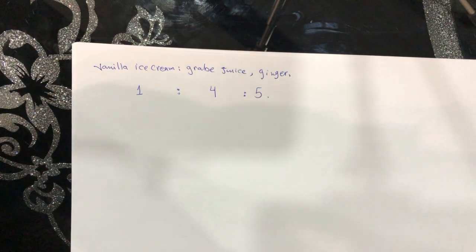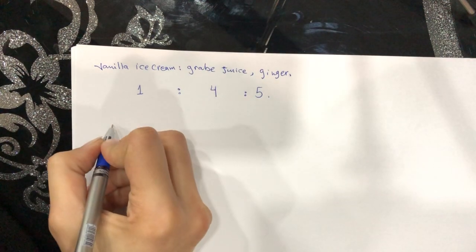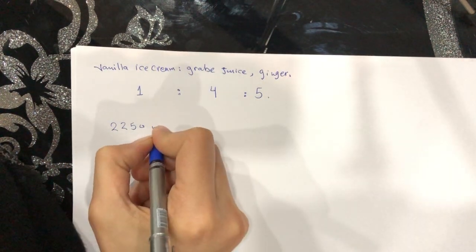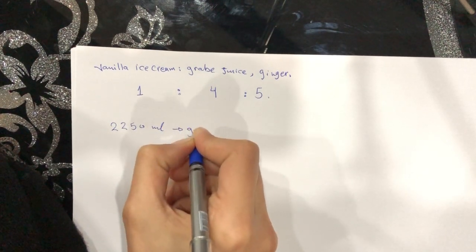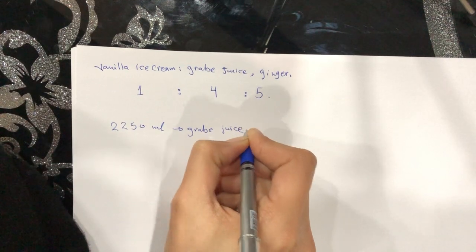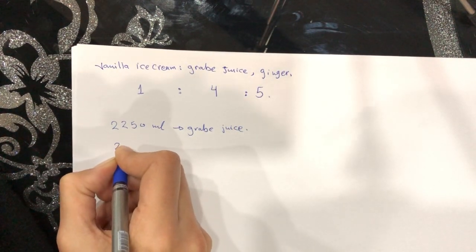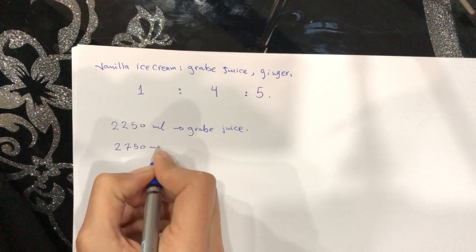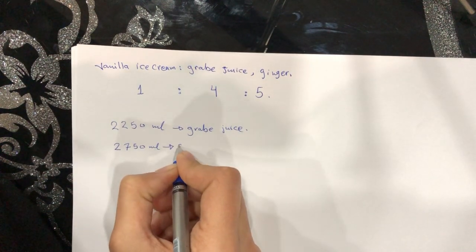The question says Mia has plenty of ice cream, but she only has 2,250 milliliters of grape juice and 2,750 milliliters of ginger juice.